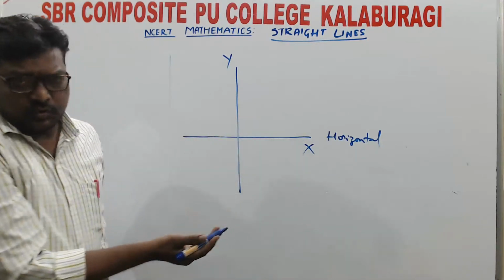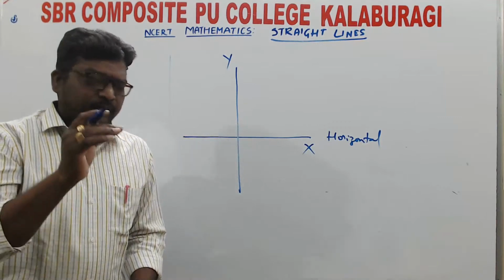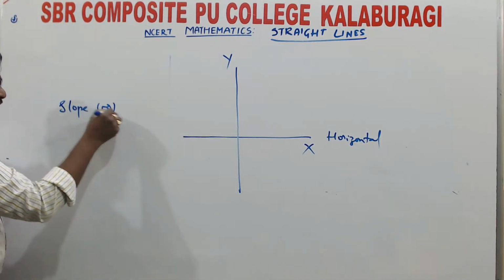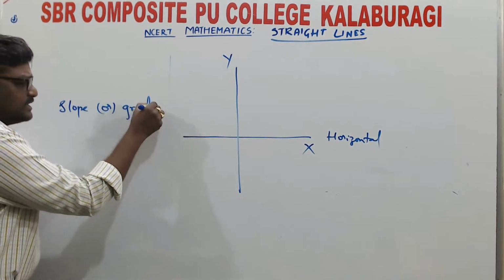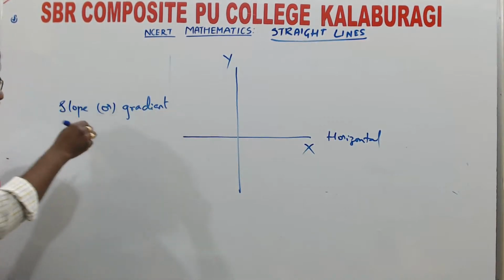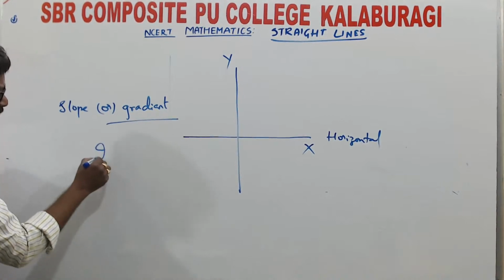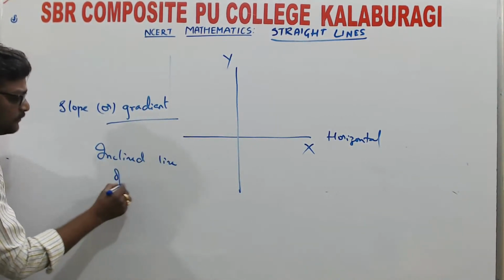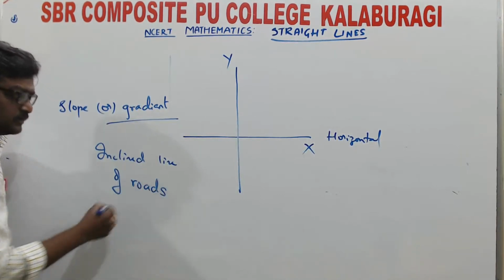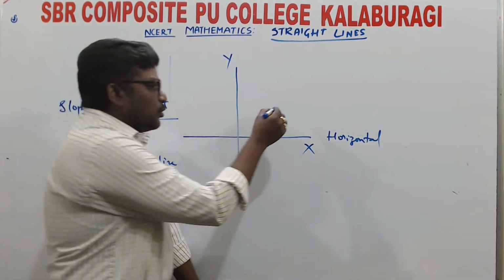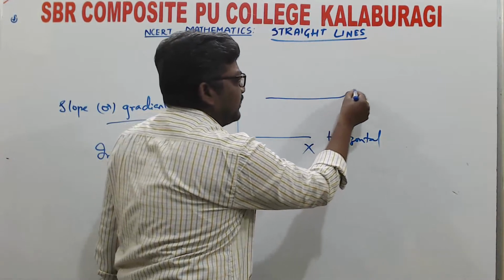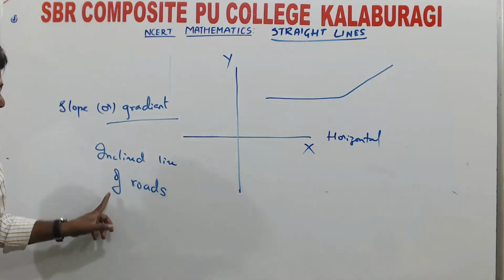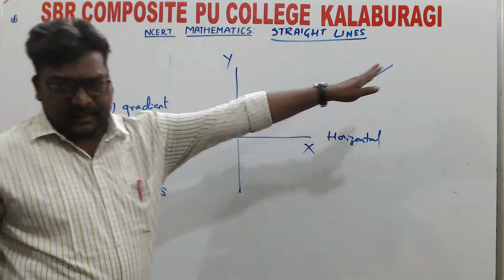Other than these two, we only have inclined lines. Slope has another name, gradient. Gradient is nothing but the inclined line of roads. When you travel, the road will not always be like this. Somewhere we get it like this. It is the inclined line of roads or railway tracks.